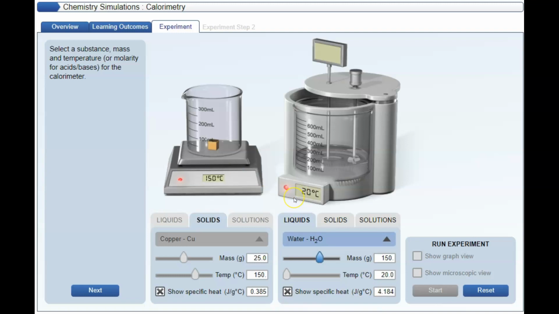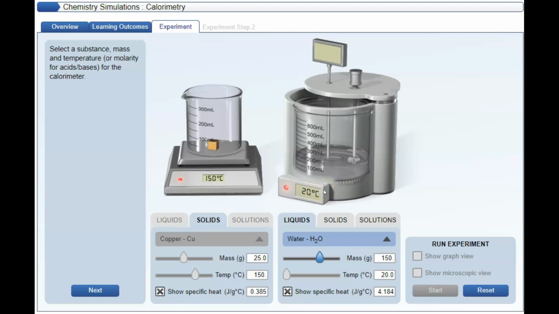One of the common misconceptions students have, and it's the purpose of this simulation, is they see 150 Celsius as the initial starting point of the copper temperature. They also see 20 Celsius as the initial starting point of water.